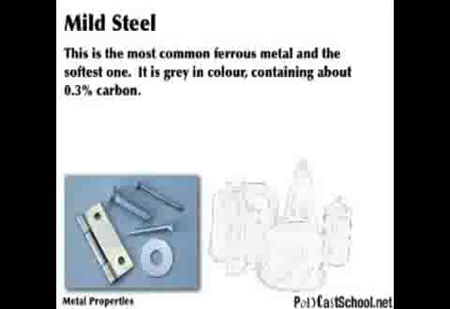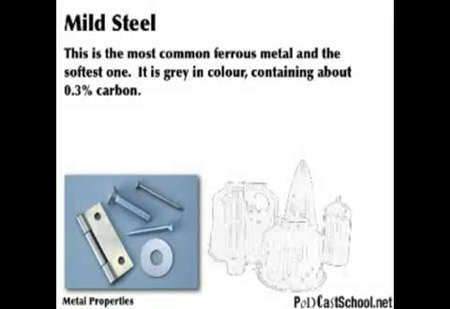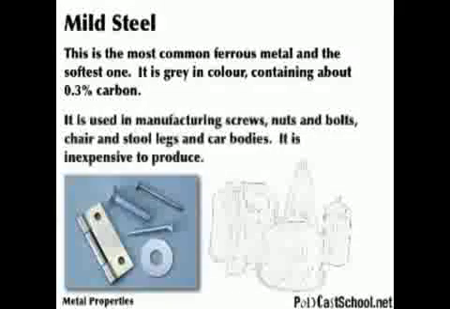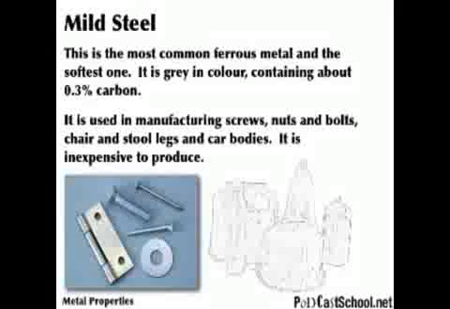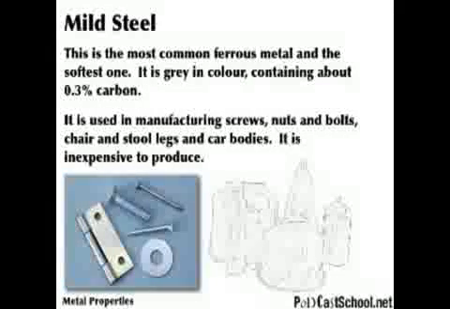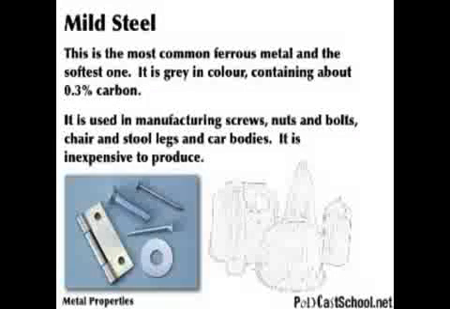It's one of the most common ferrous metals and the softest one. It is grey in colour, containing only about 0.3% carbon. So this is iron with carbon deliberately added. It is used in manufacturing screws, nuts and bolts, chair and stool legs and car bodies. It is inexpensive to produce.